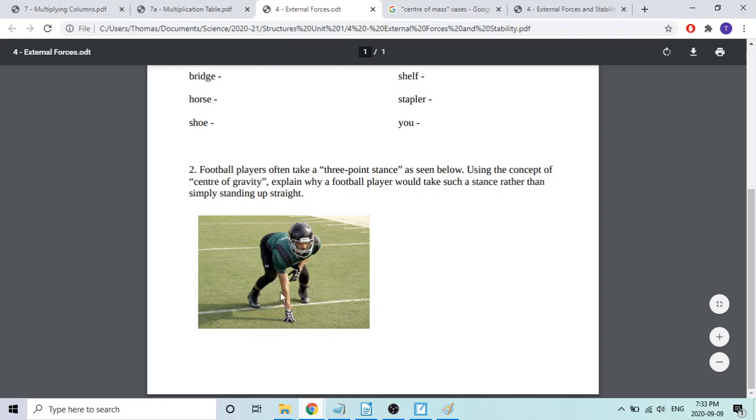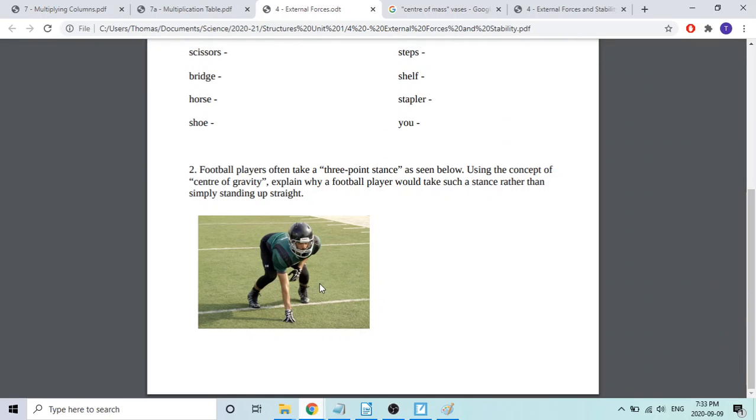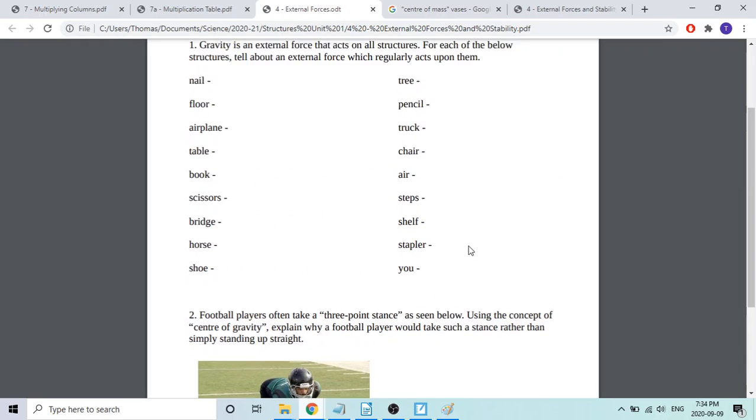Think of what football players have to do. When the whistle blows, what's probably going to happen? Why would you take this stance instead of standing up straight when you think about this idea of center of gravity? Think back to the example I just talked about with the 2 tables. That's your hint.